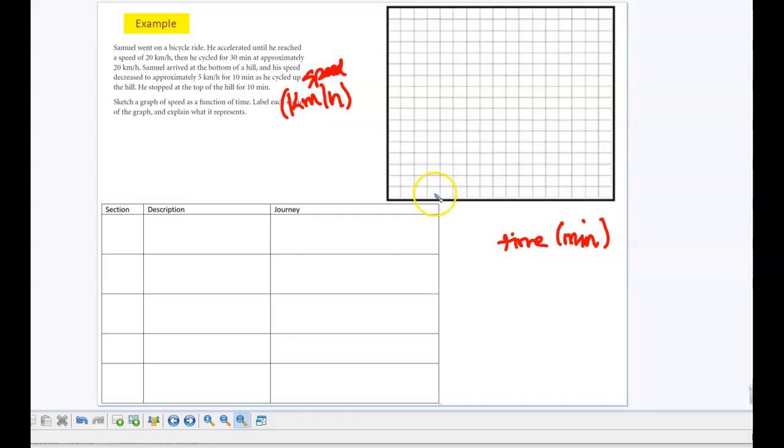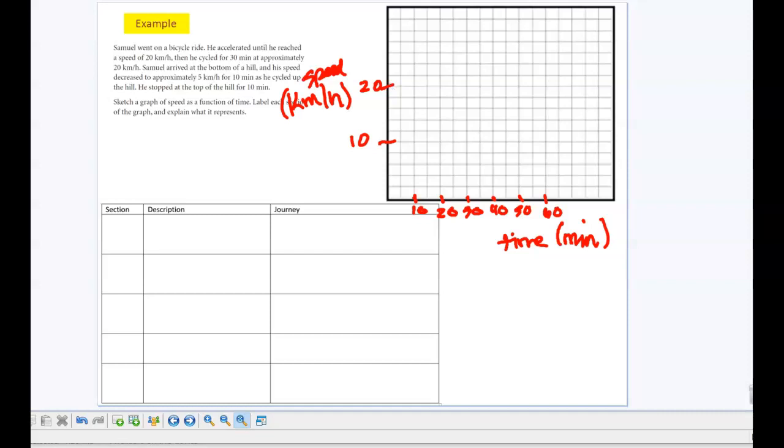So I'm going to go 10, 20, 30, 40, 50, and 60. So those are our minutes. And for speed, we need 20 kilometers, so I'll make that 10 kilometers, that 20 kilometers.